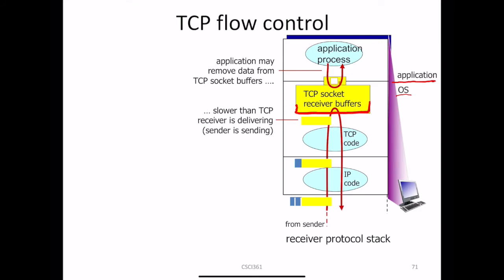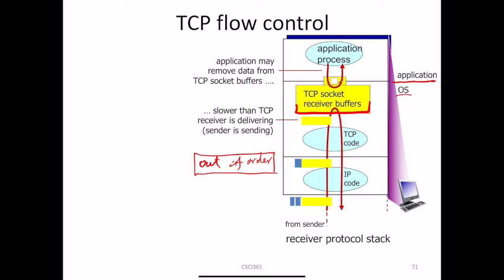We call it the TCP socket receiver buffer. However, this buffer is different from the buffer we already talked about several times in the previous slides. For that buffer, when the receiver receives out of order segments, it temporarily stores them there. We can call it the out of order buffer.